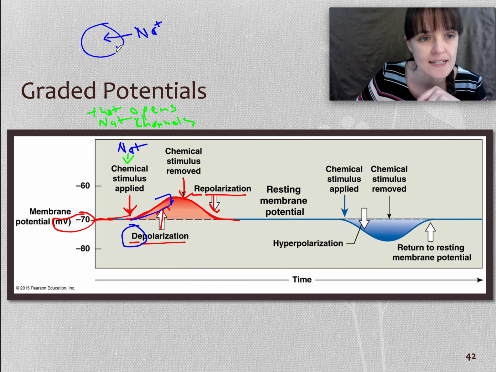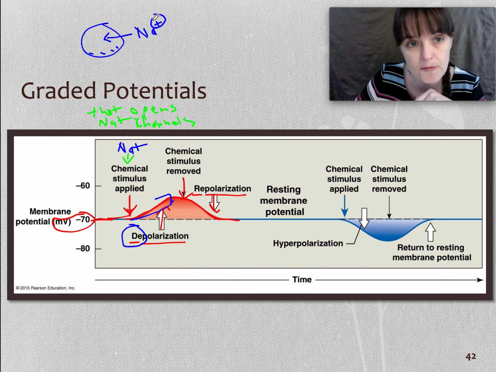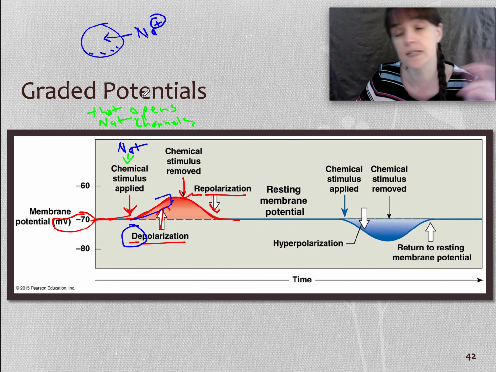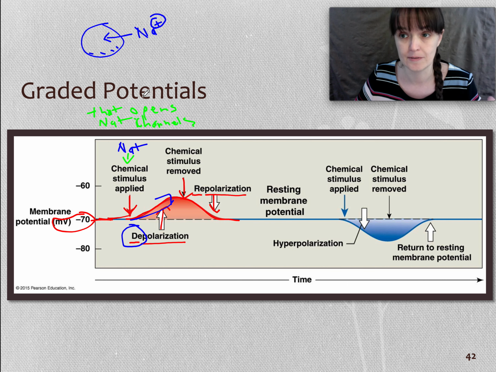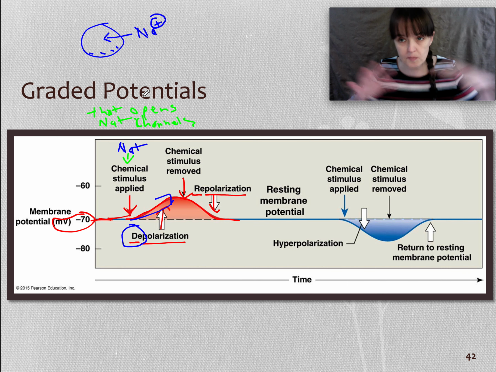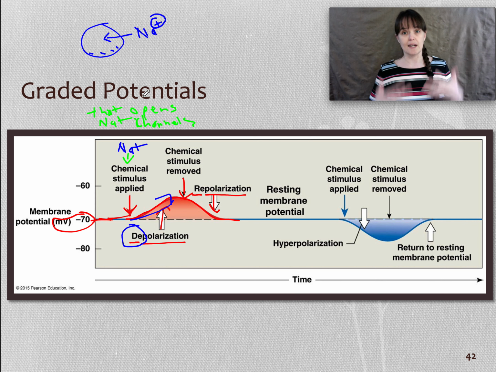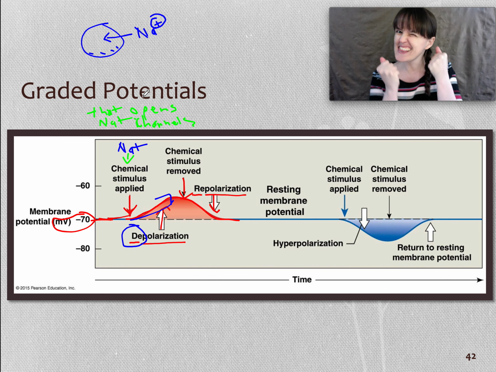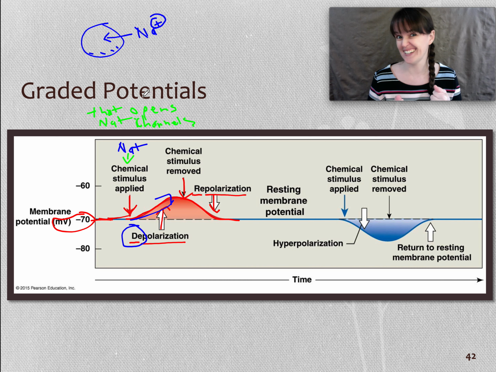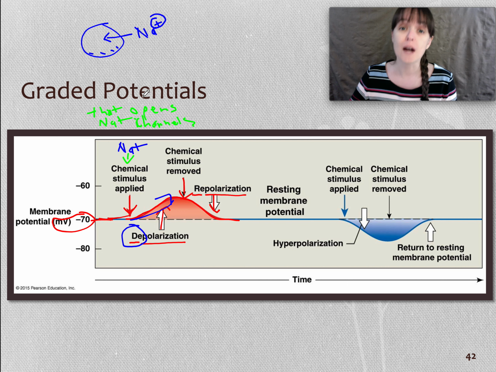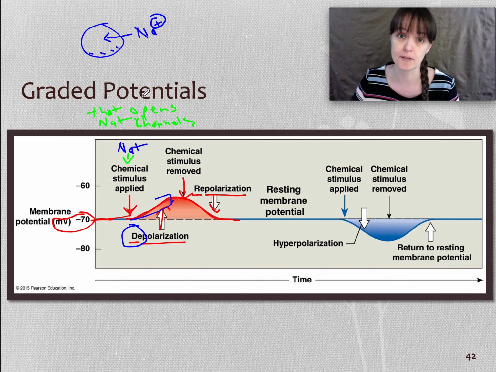Since the inside of the cell is relatively negative, when you add a bunch of positive to that negative space, it's less negative. Like the whole group says, we're never going to make it through this semester, we're all going to die of stress. And one person says, I think we can do it. It's still negative, but it's less negative.